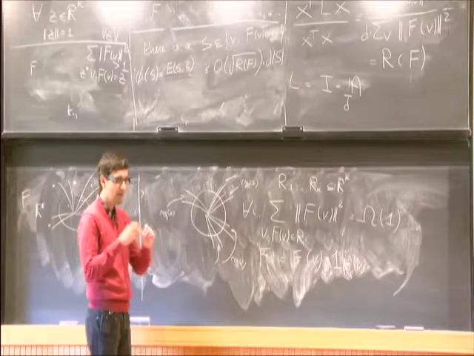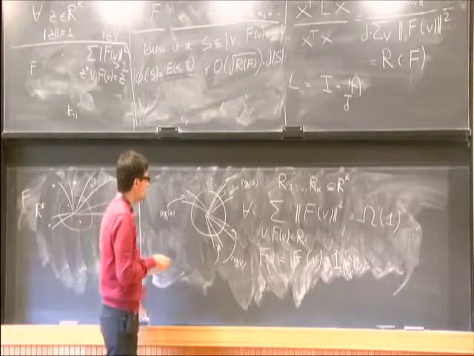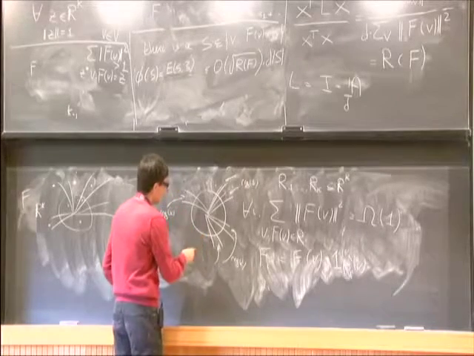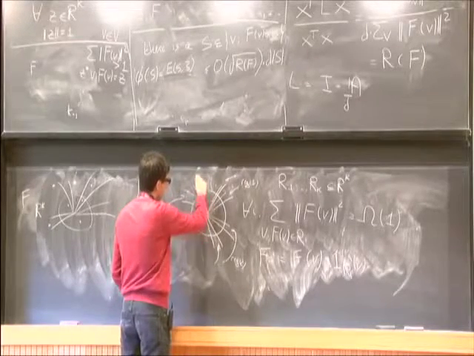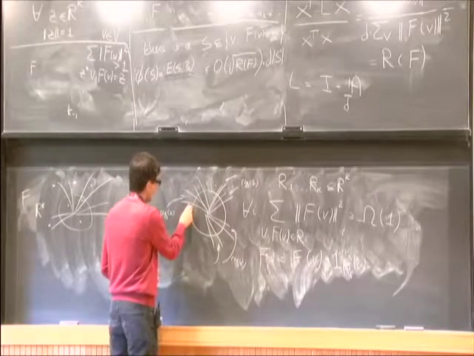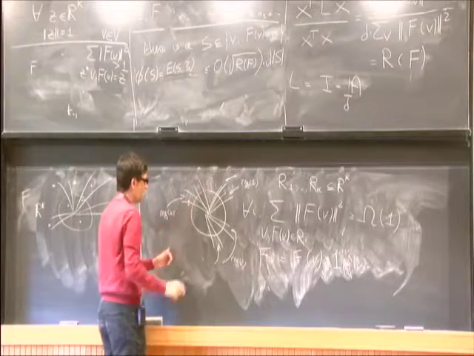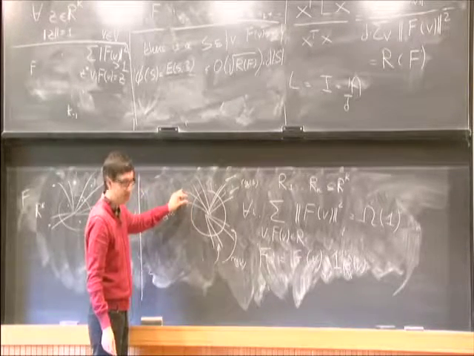But I don't get any control of the numerator, unfortunately, because I could have two really close by regions. Or actually, I could have a region with one point that is really close by but outside, and another point that is really close by but inside.